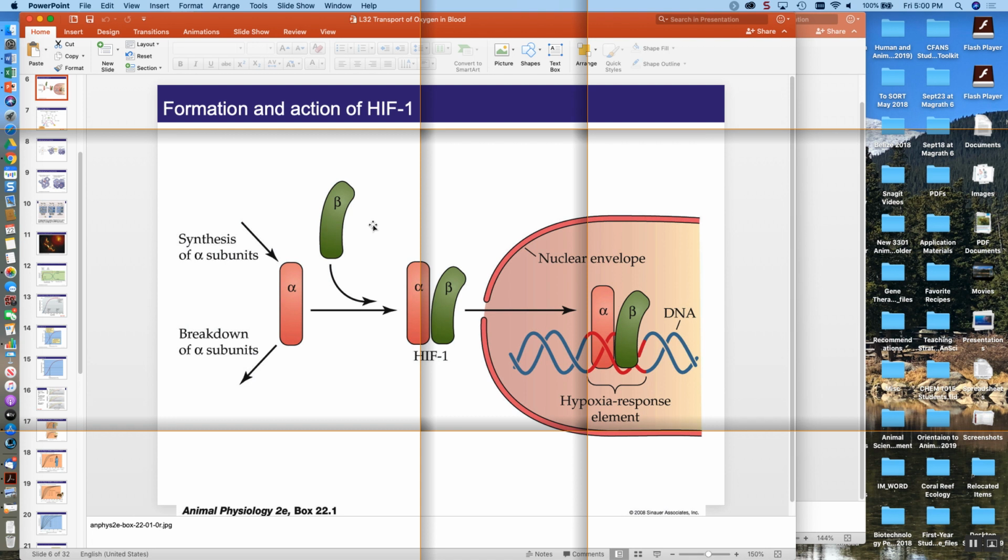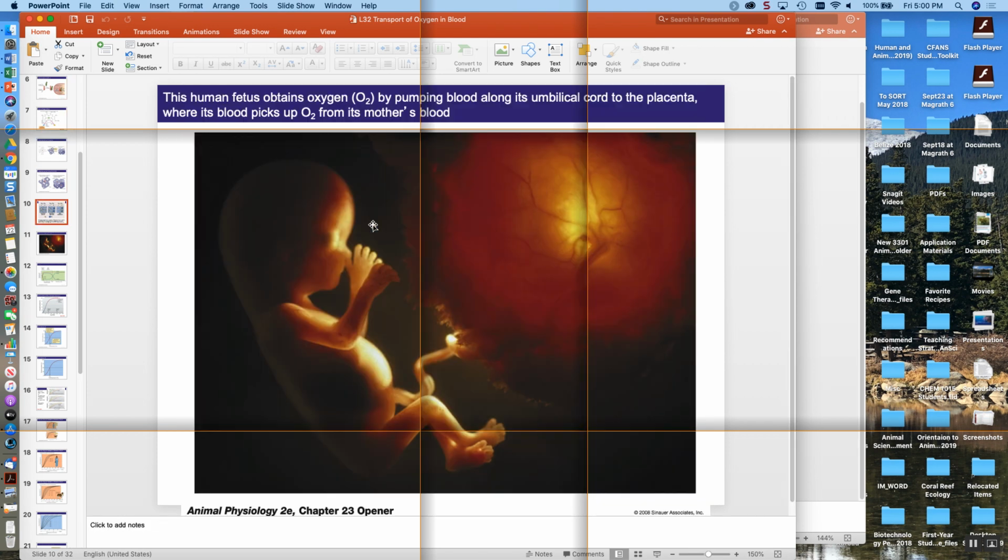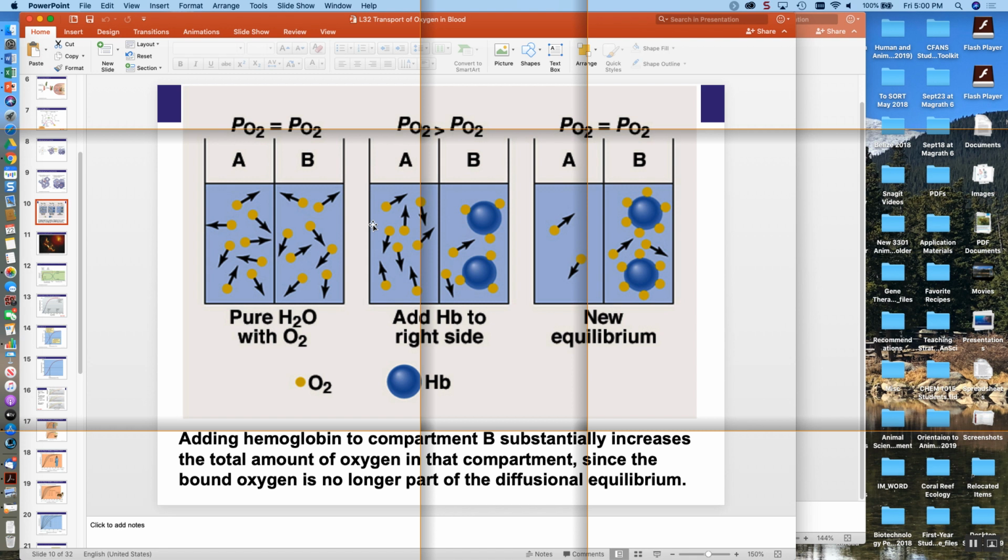This is important. This is what I was talking about today. Partial pressure, basically, the oxygen that's attached to hemoglobin doesn't factor in to the partial pressure. So this is a really good example. Here, compartment A and compartment B have the same partial pressure of oxygen.